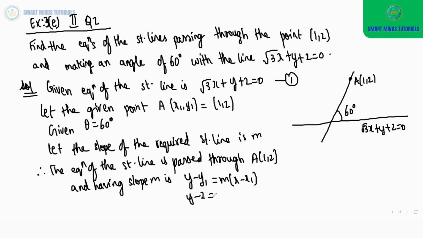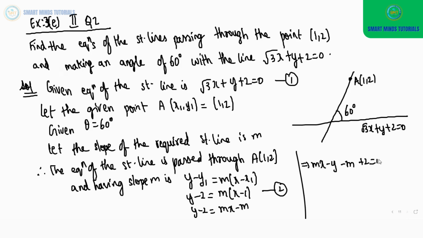So y minus 2 is equal to m into x minus 1. Take this as equation number 2. Now multiply this m inside, mx minus m. Now take all terms one side, we get mx minus y minus m plus 2 is equal to 0.